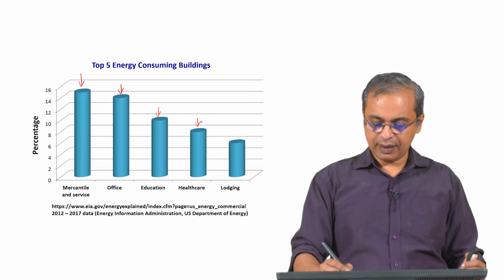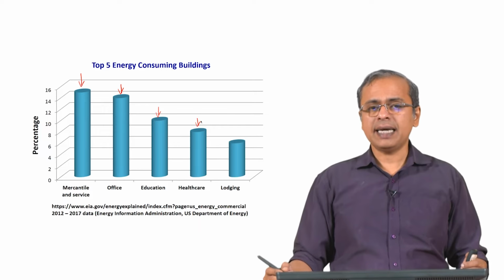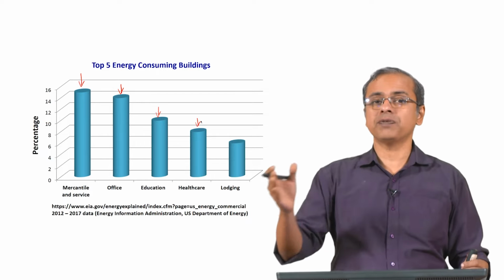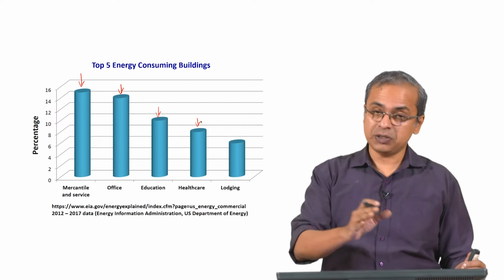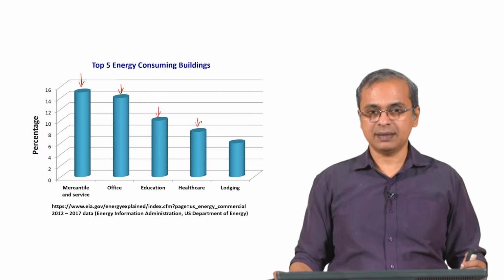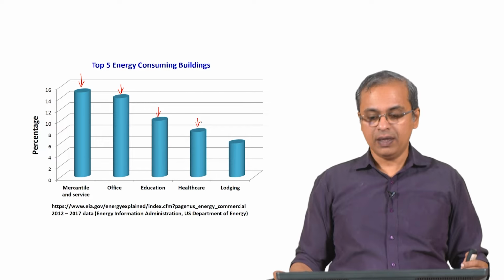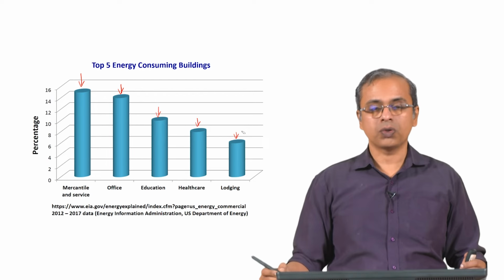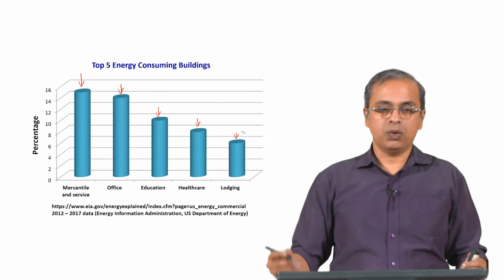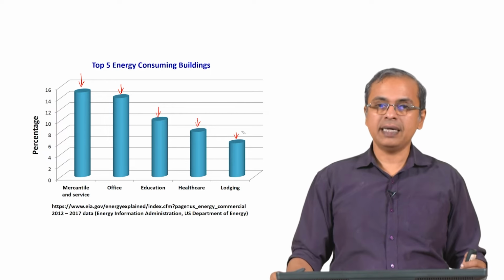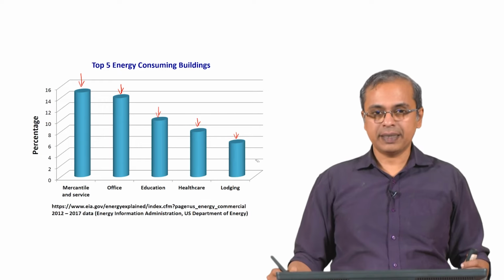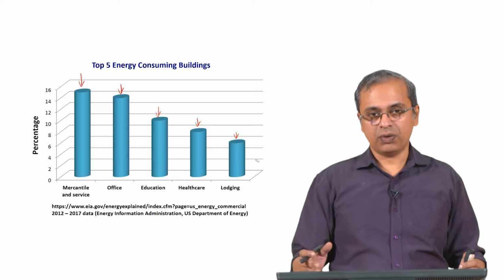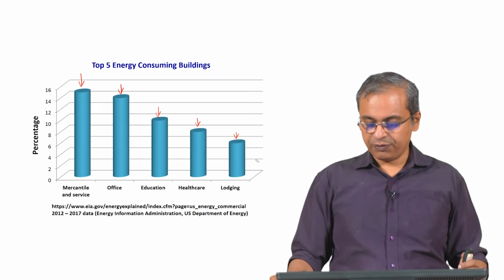Healthcare uses a fair bit of energy. Healthcare again, it is a hospital environment, so cleanliness is very critical. Certain types of equipment will be consuming a fair bit of energy. Rest of it will be relatively less energy intensive. So that is what you will see. And finally there is lodging, where you go to a hotel somewhere and book a room and you stay, and the kind of energy they are consuming depends on how many of them there are and what kind of facilities they provide.